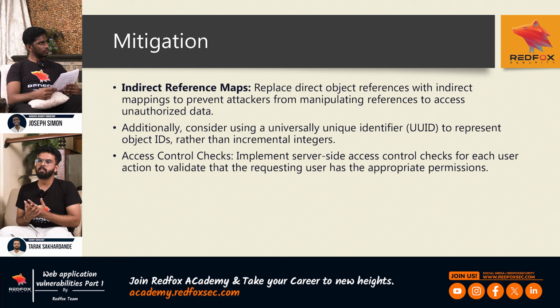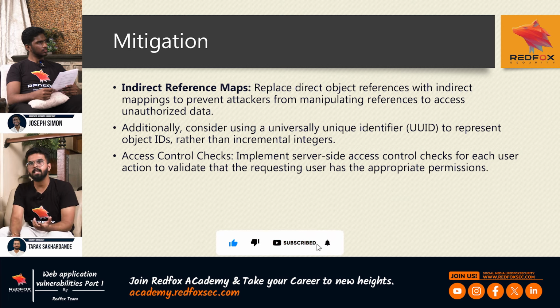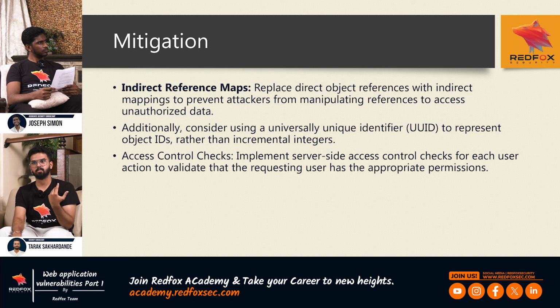So one thing is you can implement UUIDs that are basically big size integers, and they are hard to guess. Secondly, you can replace direct object reference with indirect mapping. So it's something like you can use unique integers, or let's say a combination, for example, capital A with some asterisks, symbols. Yeah.